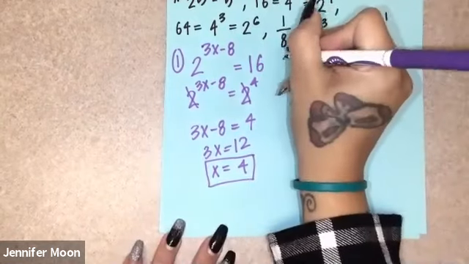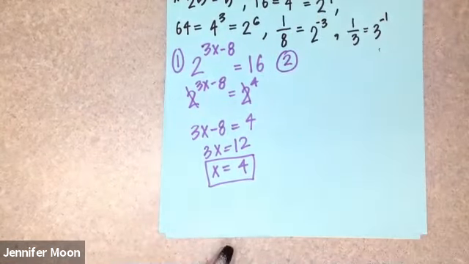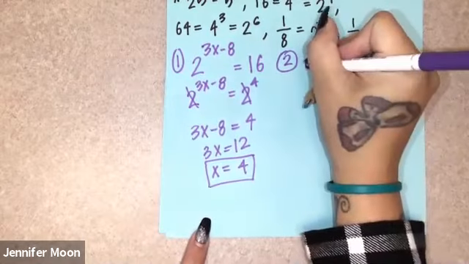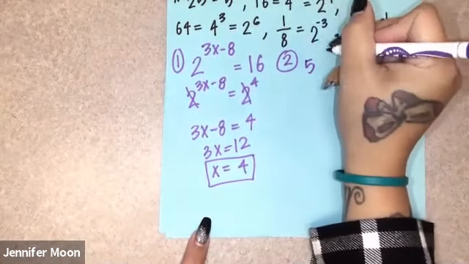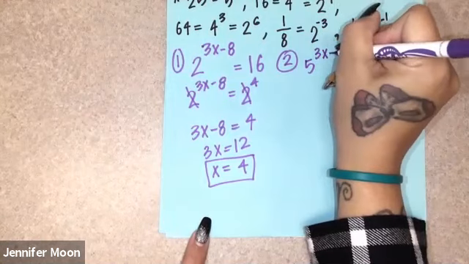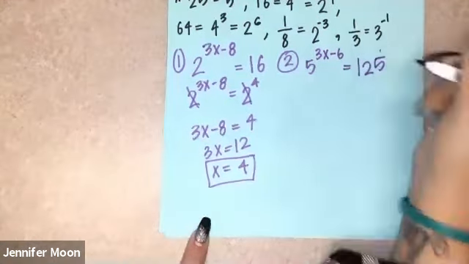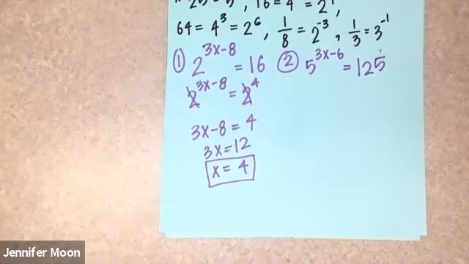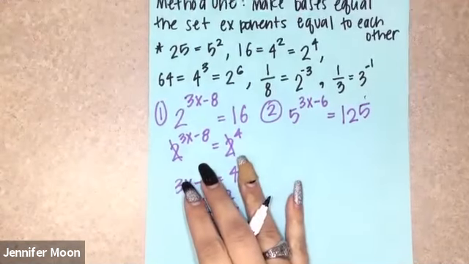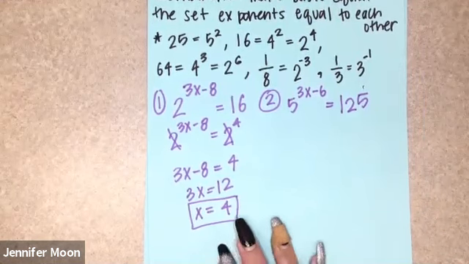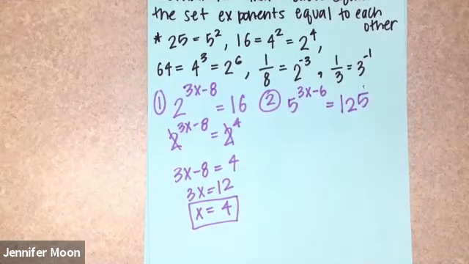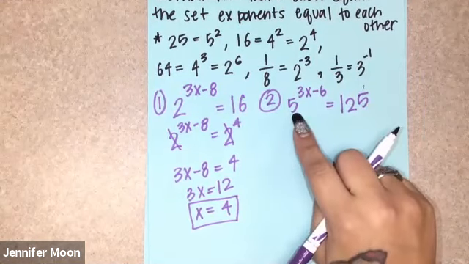Okay, so let's do this one. Say we have 5 to the... in my exponent, I've got 3x minus 6, and then equal 125. So knowing I need to get these in the same base, this is a 5.